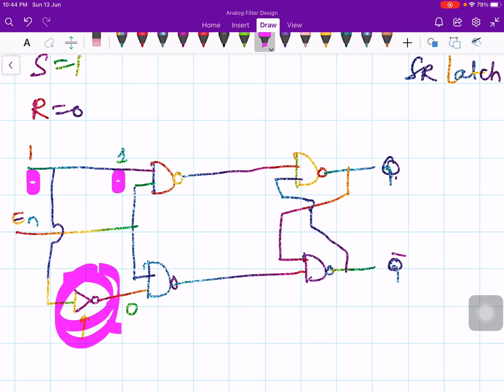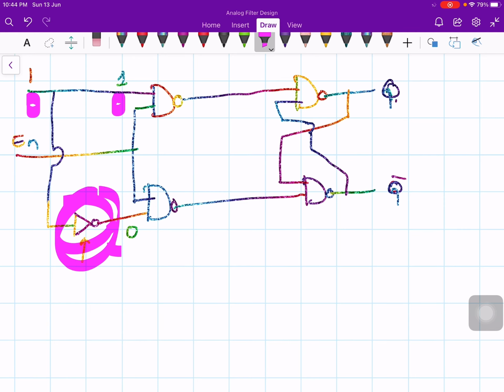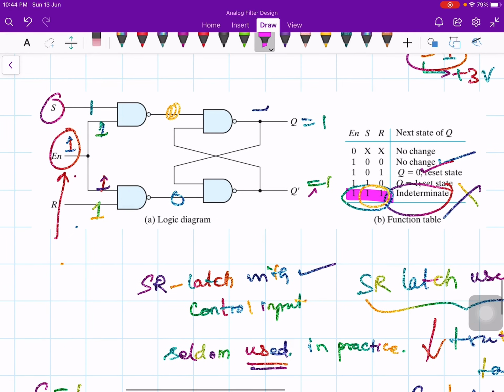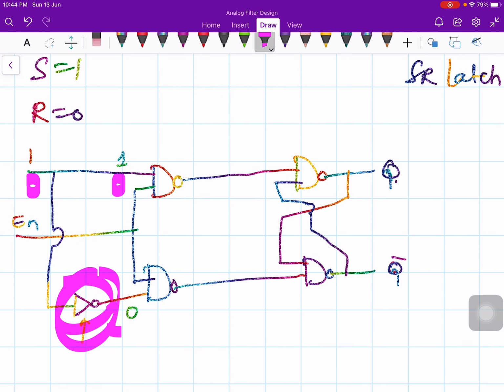Somehow this undetermined case can be removed. Therefore, one way to eliminate the undesirable indeterminate state of the previous SR latch is to ensure that S and R are never equal to 1 at the same time, and this is done with the help of a NOT gate. This is called the D latch.